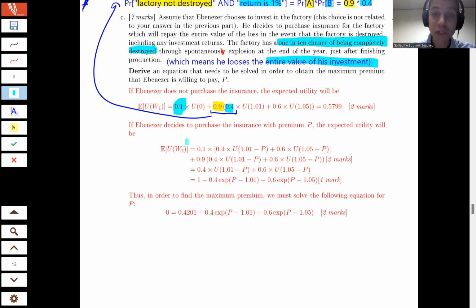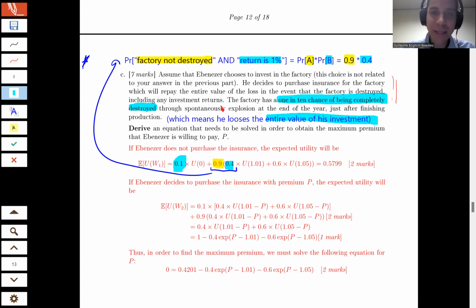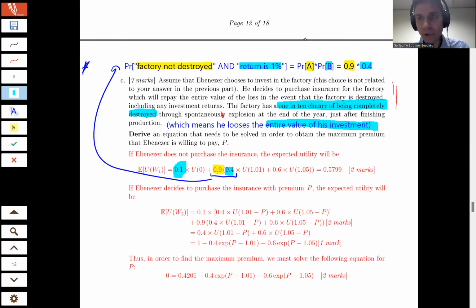Now, if the factory is not destroyed, and this happens with probability 0.9, there are still two cases to separate: the probability of the small return, and the probability of a bigger return. So here, implicitly in this calculation, 0.9 times 0.4 is this over here. We're looking for the probability the factory is not destroyed, and also the return is 1%. They don't say explicitly, but when it's not said explicitly, you can make the assumption that those events are independent.